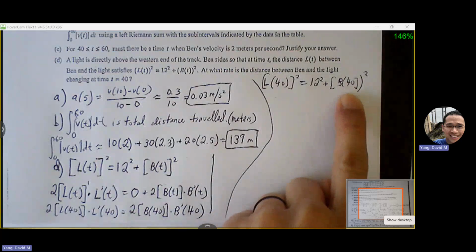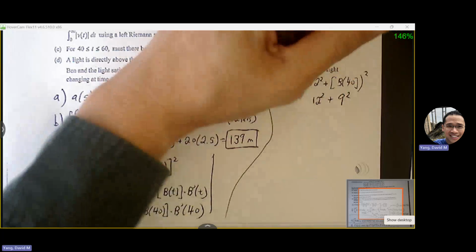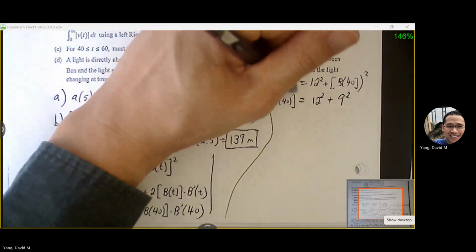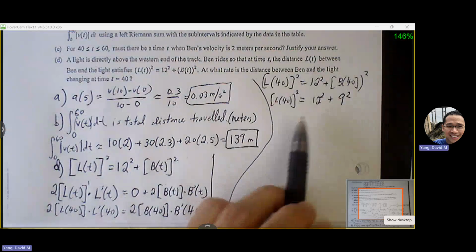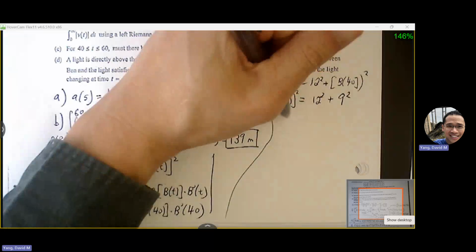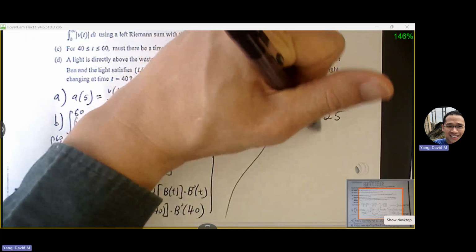And B of 40 is 9. 9 squared is 81. So we get 144 plus 81 is 225. And we know the square root of 225 is 15.